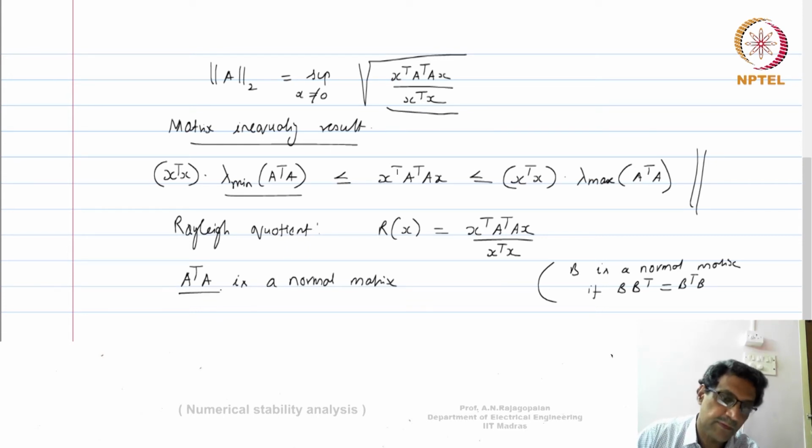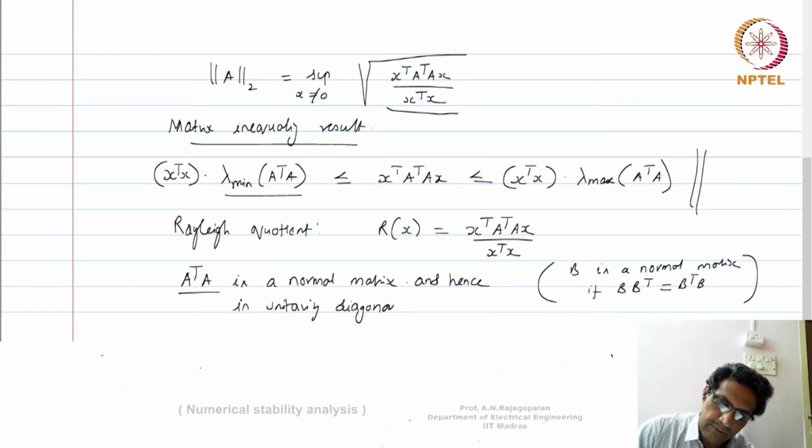A transpose A is a symmetric matrix, and therefore it obeys this, and therefore it's a normal matrix. And what is so special about a normal matrix? A normal matrix is unitarily diagonalizable. This is again something that we have seen when we did image transforms.